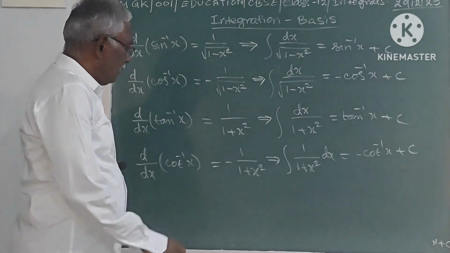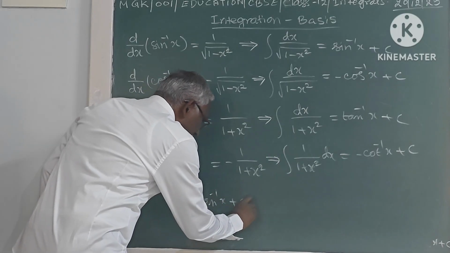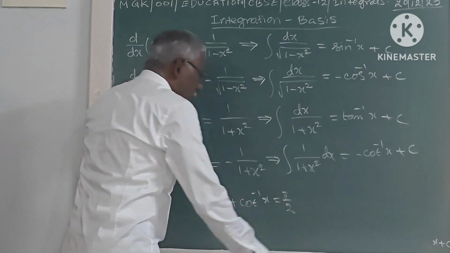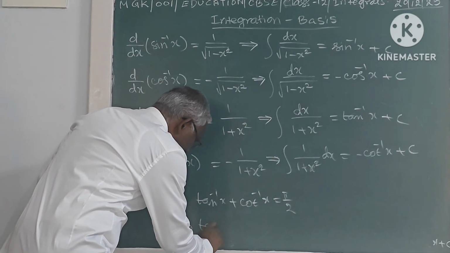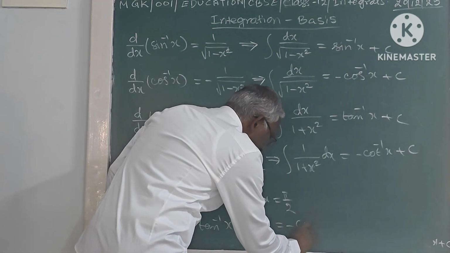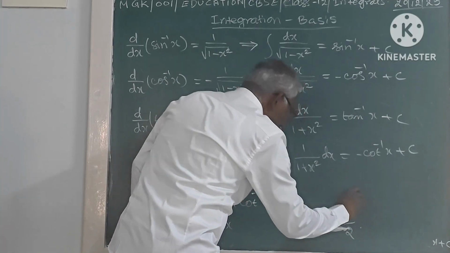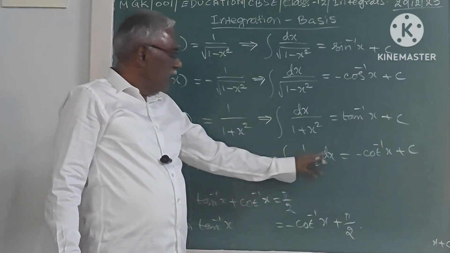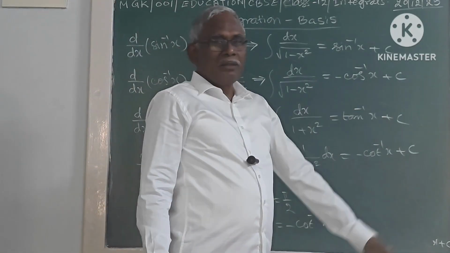Again we know that tan inverse x plus cot inverse x is equal to pi by 2. So this gives tan inverse x is equal to minus cot inverse x plus pi by 2. So the same thing we can write as tan inverse x or as cot inverse x; both constants are different.